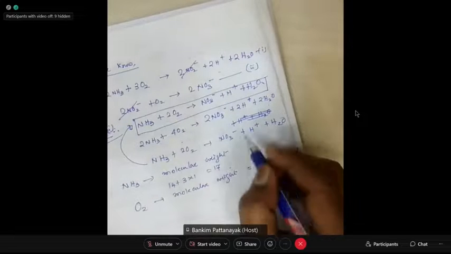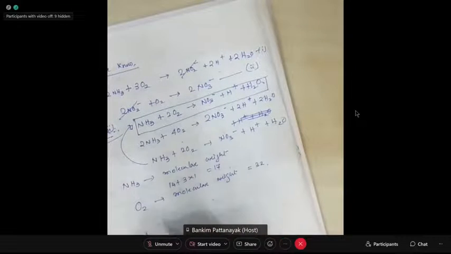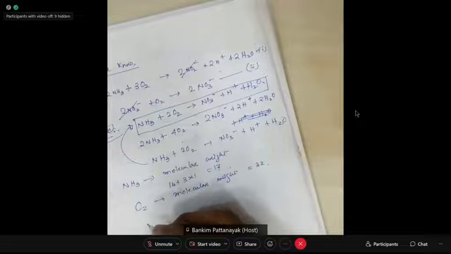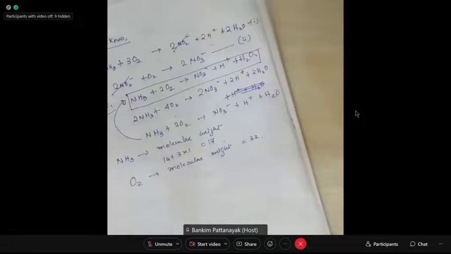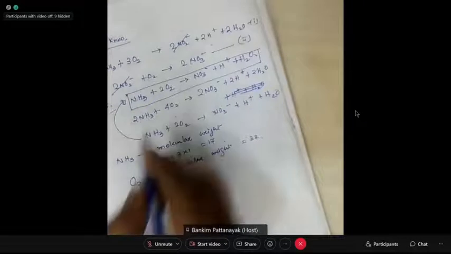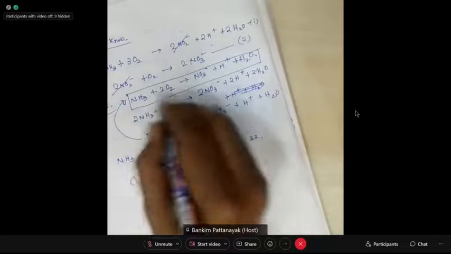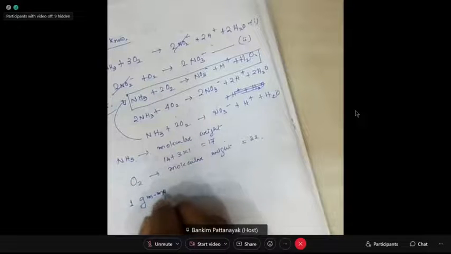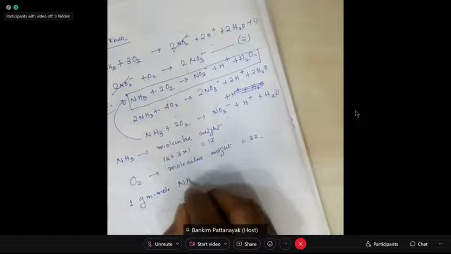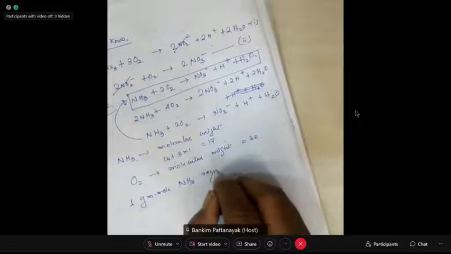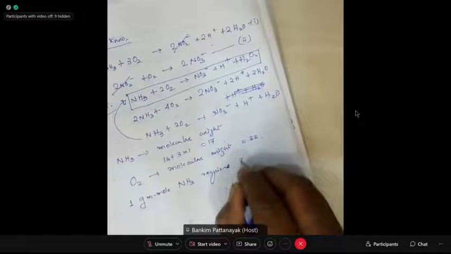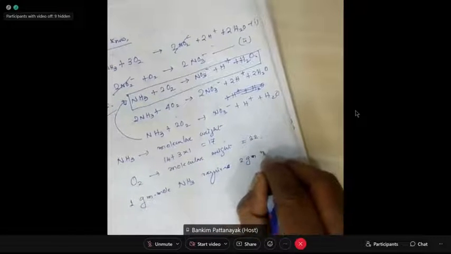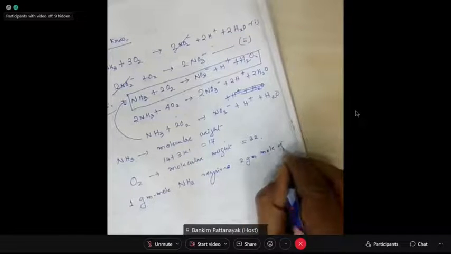So therefore, this particular equation means 1 gram mole of NH3 requires 2 gram mole of oxygen.